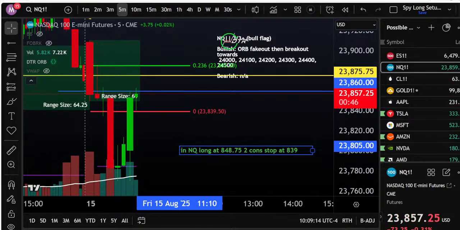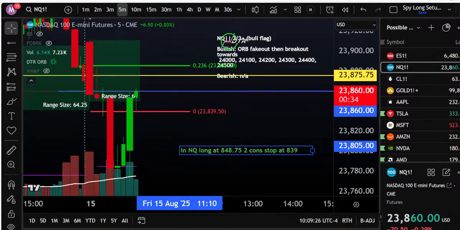Okay, so let's see if this thing can get through 860 and really push. Come on.